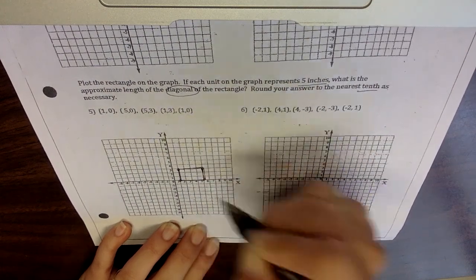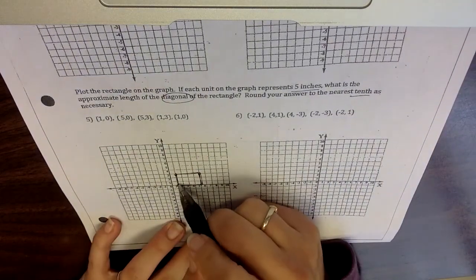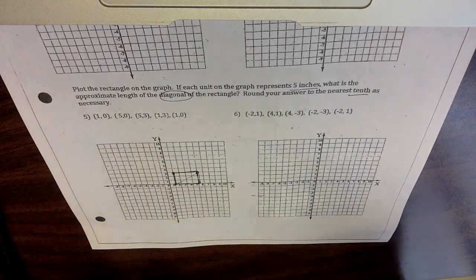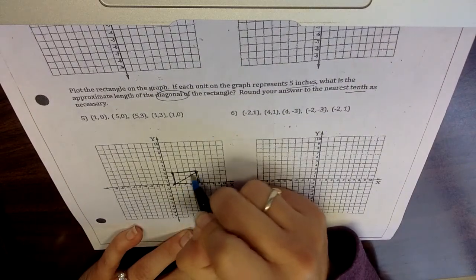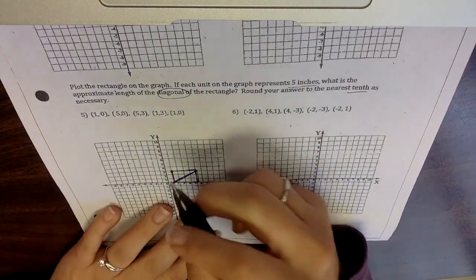Okay, so we have this rectangle. We have to find the diagonal. In order to find the diagonal, I'm going to use a different color. In order to find the diagonal, then you have to use the Pythagorean Theorem.